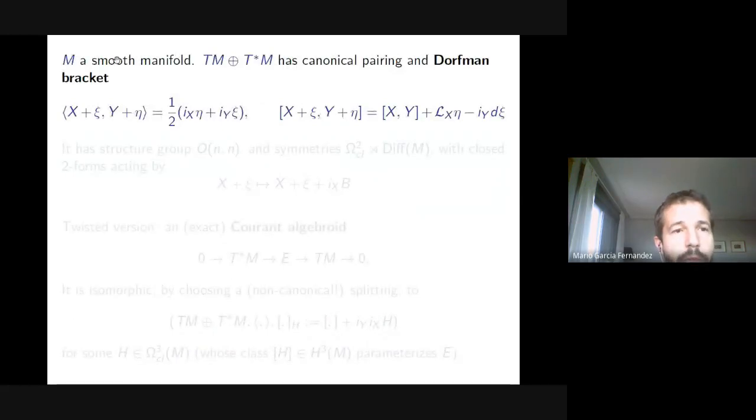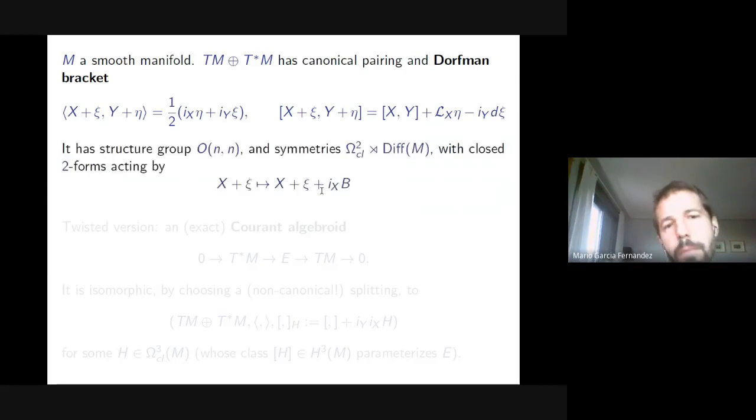So you take a smooth manifold M, you take tangent plus cotangent, and this has a canonical pairing given by the natural pairing between vector fields and one-forms, and a natural bracket called the Dorfman bracket, which is not antisymmetric, but satisfies a natural Jacobi identity. It is given by this formula in terms of natural operations on the manifold, like Lie bracket, Lie derivative, the exterior differential and contraction.